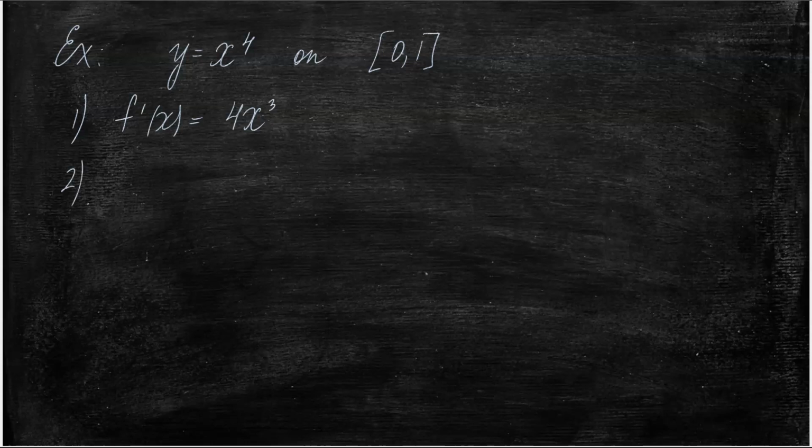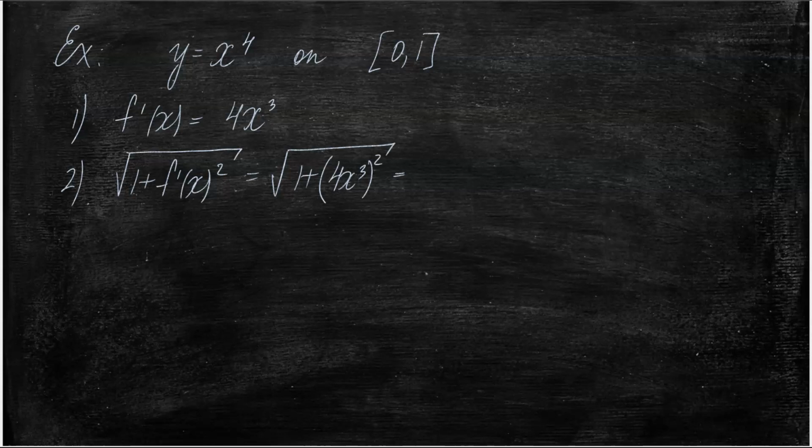Let's find the arc length of this power function on the interval from 0 to 1. Step 1, differentiate. Step 2, simplify this expression. You don't want to do this algebra inside of the integral.